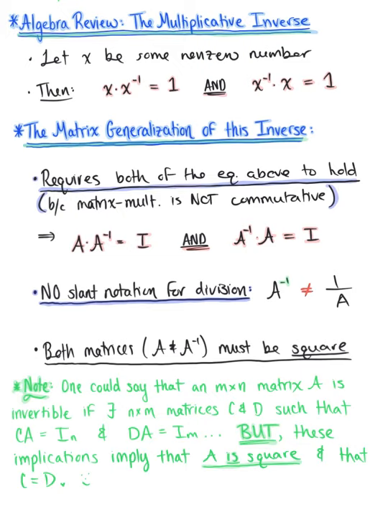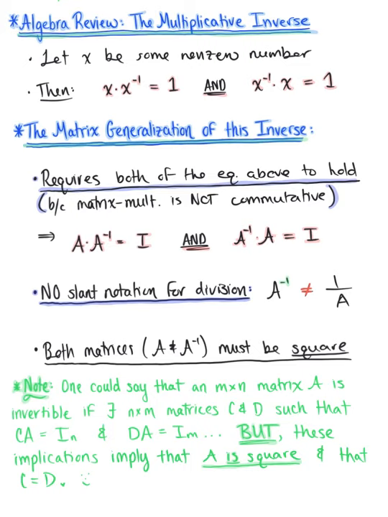Now, one could say that an M by N matrix A is invertible if there exist N by M matrices C and D, such that the product of matrix C times matrix A is equal to the N by N identity matrix, and that matrix D times matrix A is equal to the M by M identity matrix.